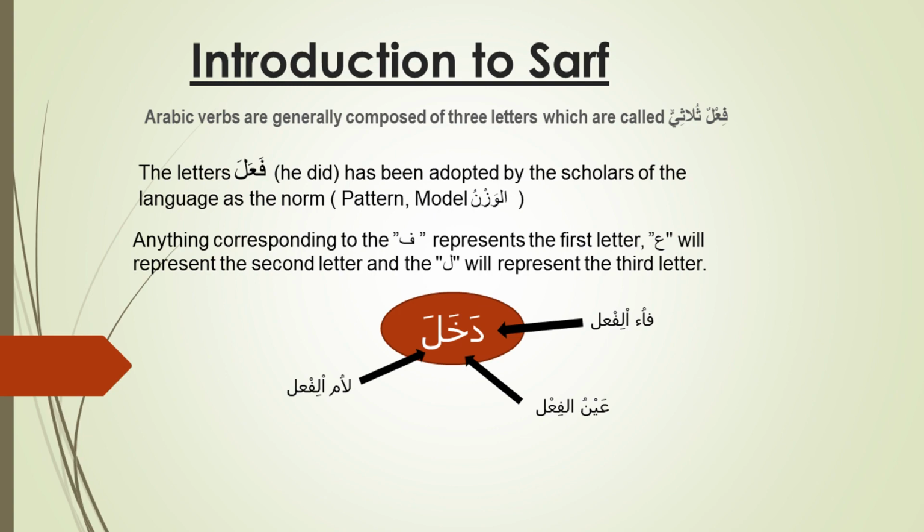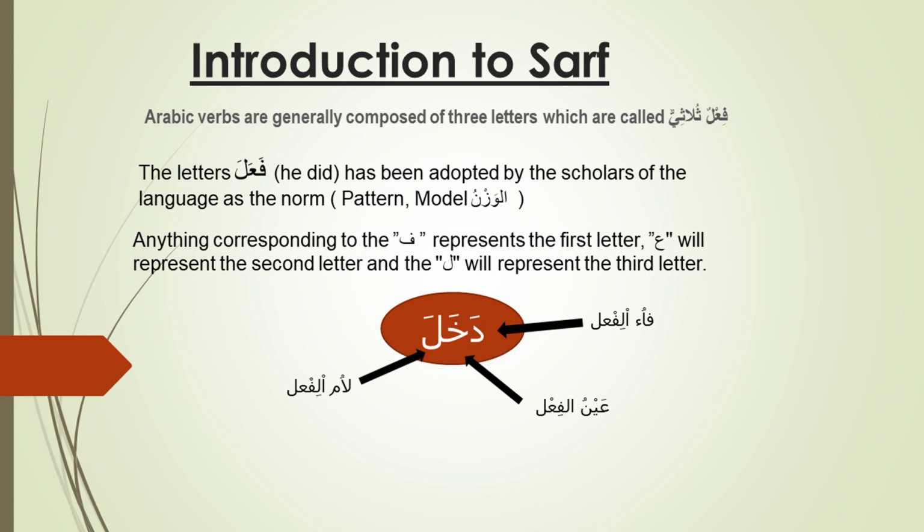It's taking a fatha. And the aynul fi'l is taking fatha again. And the lam of fi'l is meant to take a fatha, but something happened here. So dakhala is on the scale fa'ala.